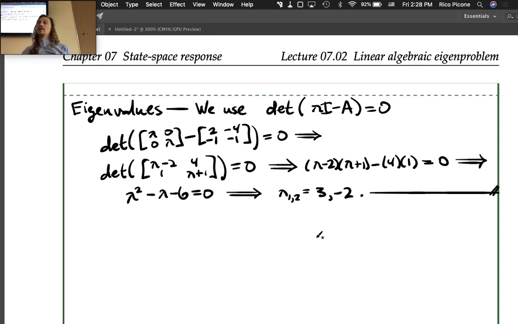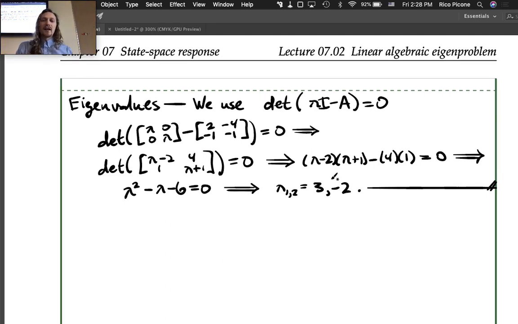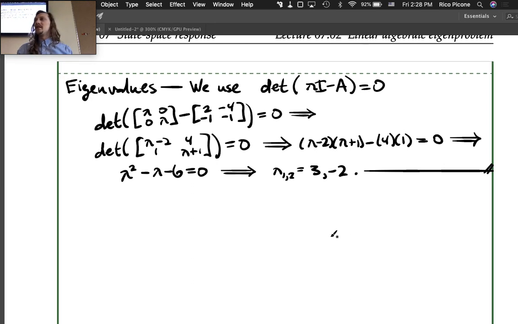No. Don't ship this. If this was the analysis of the design that you came up with, don't ship it. You have an unstable eigenvalue, positive 3. The real part of one of your eigenvalues is positive. It's unstable. It's bad news. Okay. So that's good to know. You have an unstable eigenvalue. Means that probably this isn't the system you want to have at the end of the day, but it is what it is for now.